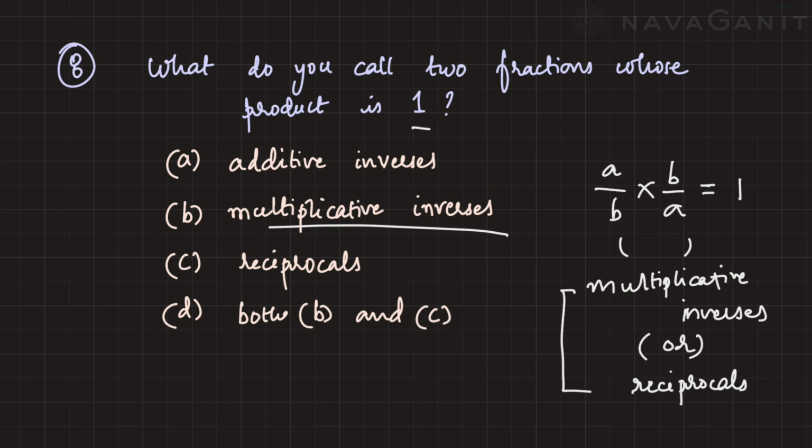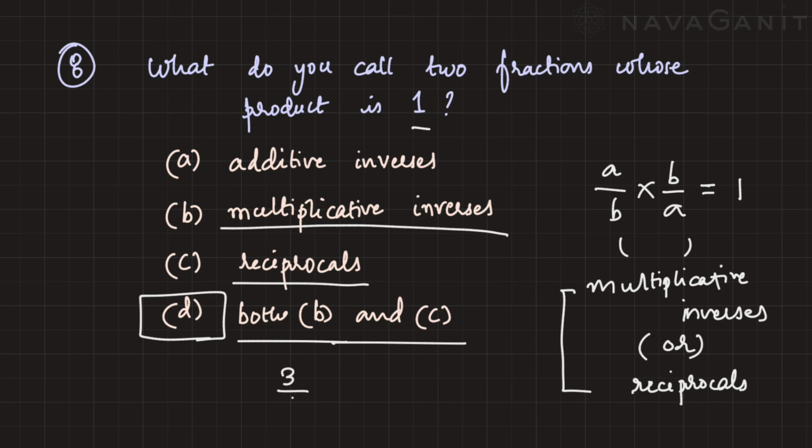So in this case there is option D, that is both B and C is the correct answer. Say we have 3 by 4 and 4 by 3, the product is 1. So 3 by 4 and 4 by 3 are known as multiplicative inverses of each other or reciprocals of each other.